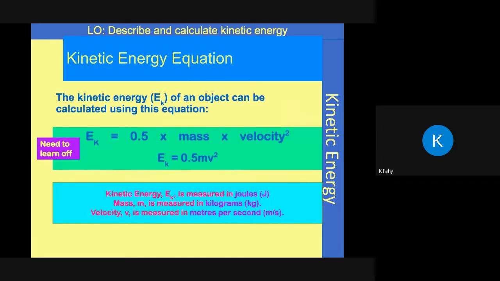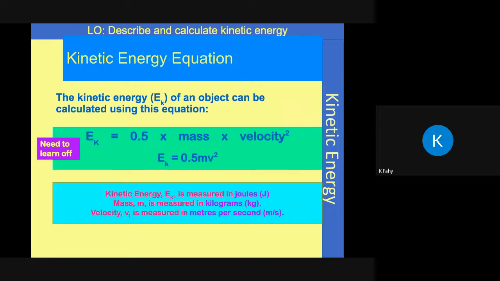So in order to calculate kinetic energy, we use an equation. Again, this is an equation we need to learn off. So you might want to pause the video now while you write that down. We use the letter E for energy, and because we have different types of energy, you will see smaller letters beside the big E, which represent the different types of energy. In this example, we're talking about kinetic energy, so we use a small k.